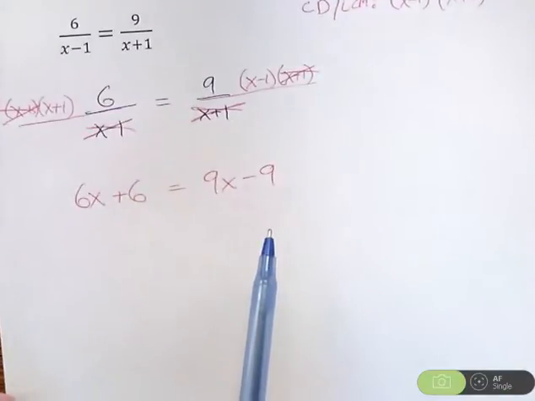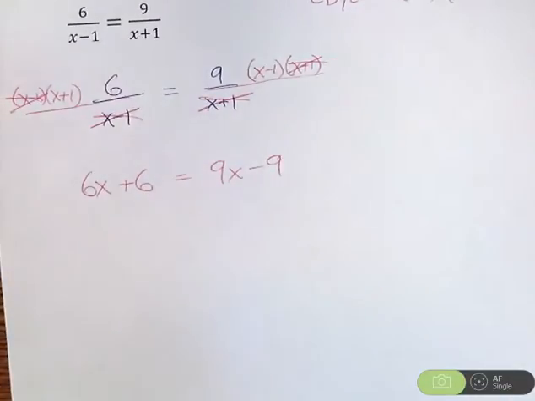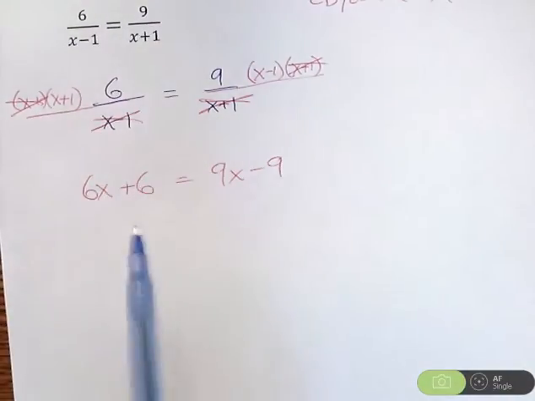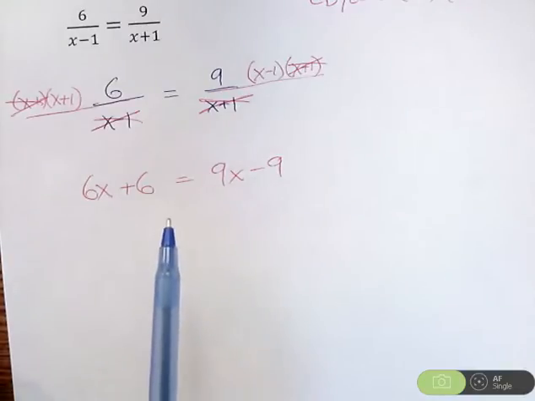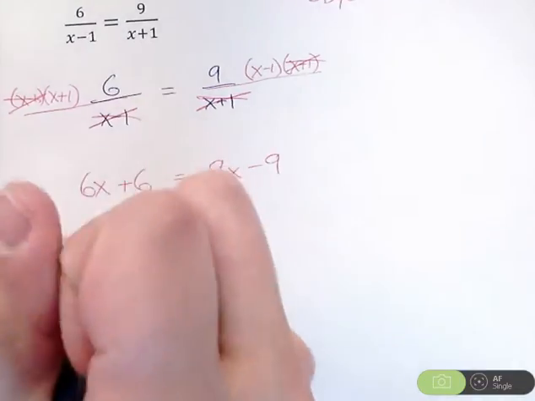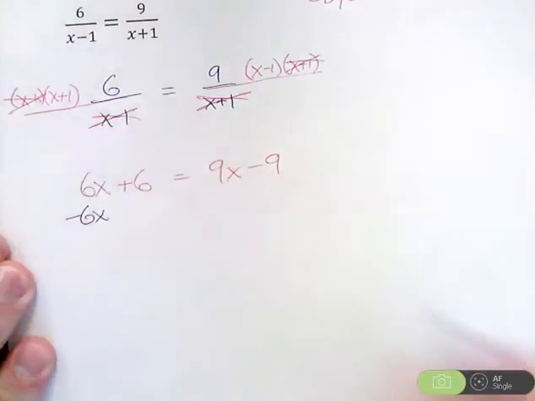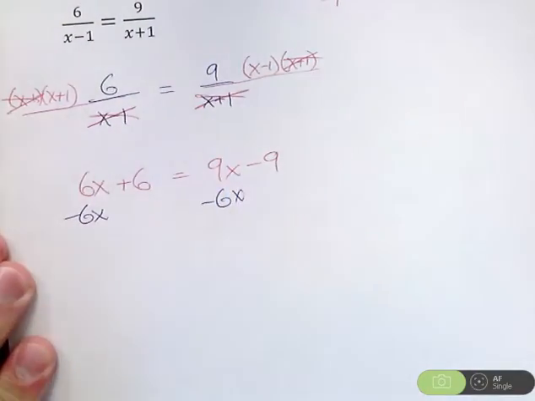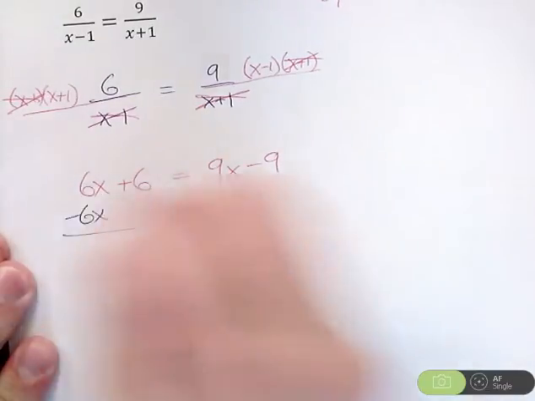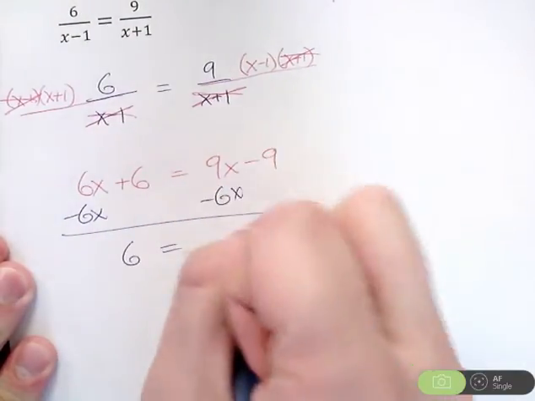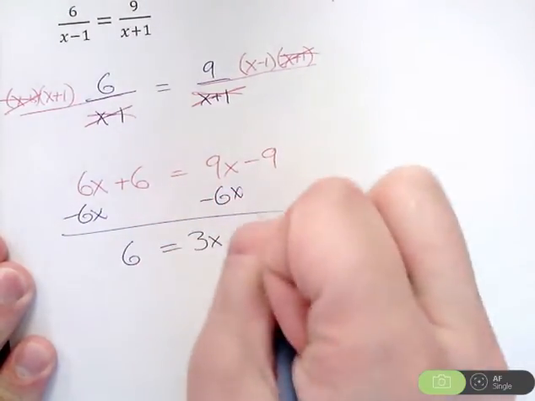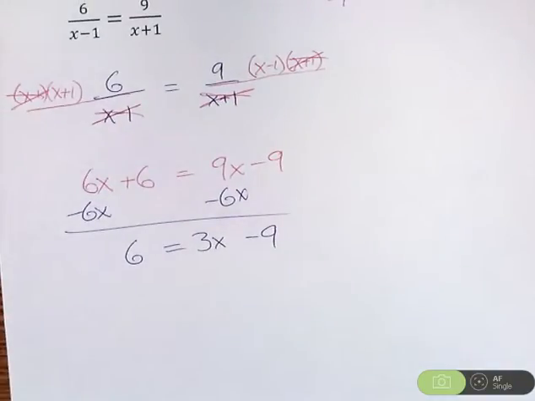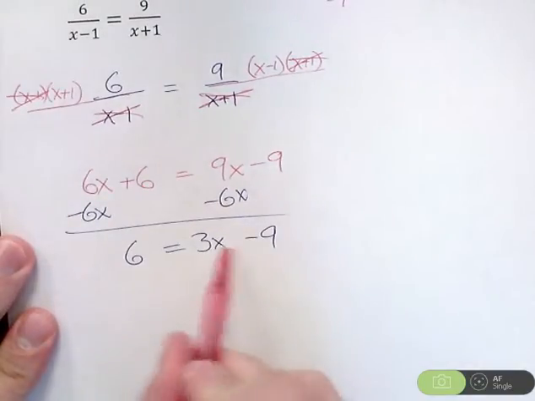The only thing left to do from here is solve this for x. Remember, when we're solving, we're trying to get the variable all alone. I'm going to go a little bit quicker through this since this is and should be review. I'm going to move this 6x to the other side. That would give me 6 equals 3x minus 9. And then I want to get this x all by itself.